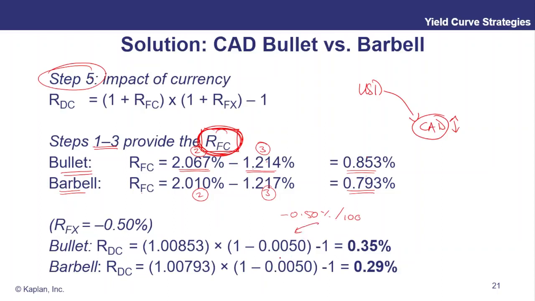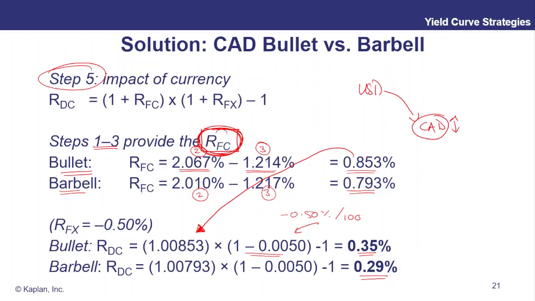When you add 1 to that, you're essentially subtracting this from 1. So you're compounding the local currency return and the foreign exchange return together, subtract the 1, and you get 0.35 for the bullet and 0.29 for the barbell. So the bullet's done a bit better than the barbell.